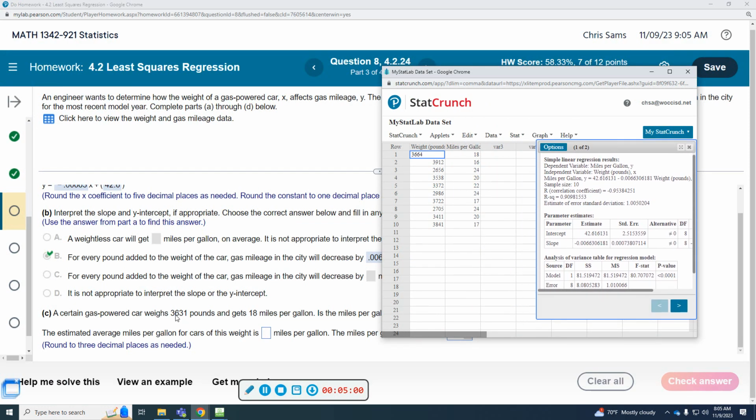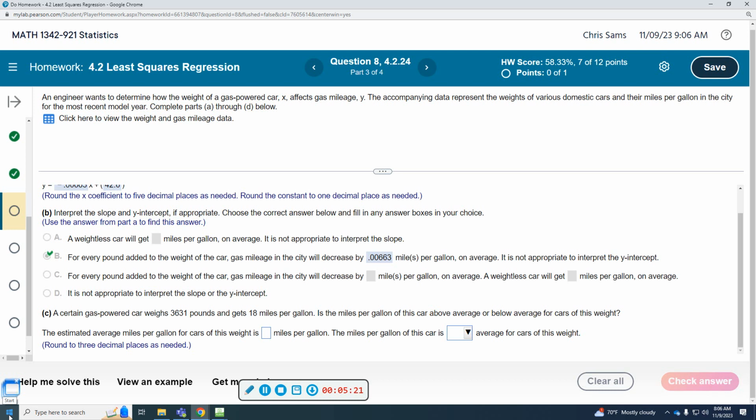So 3631. We don't have a 3631, but it's kind of in the middle. So it's above the minimum and below the maximum, so it's within the range, so we can predict it. That's one thing you want to make sure, that it's not far outside or too far below.